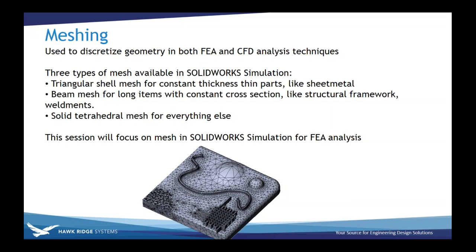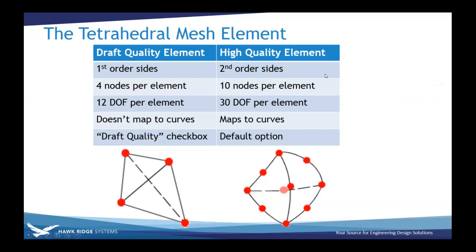You'll find brick/hex elements. You'll find a variety of different items. Everything in SOLIDWORKS is a tetrahedron that's solid. And so we're really going to focus in on those SOLIDWORKS simulation tetrahedral elements for the most part in this conversation, just to narrow the scope of what we're talking about today.